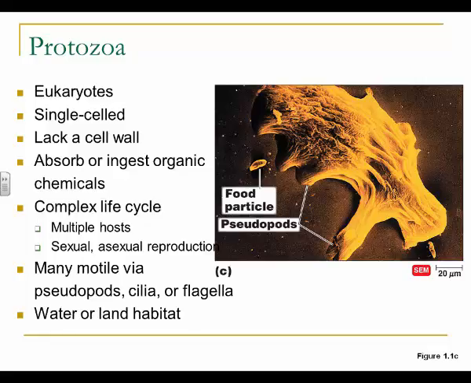So these are protists that have those two common characteristics, but they are quite diverse, from an amoeba that's just a unicellular organism that has a simple life cycle to things like Plasmodium, which causes malaria, that has a very complex life cycle in different hosts. And one characteristic that's also common to protozoa is that many of them are able to move either by pseudopods, cilia, or flagella, or by secretion of enzymes that help them to glide over their habitat.